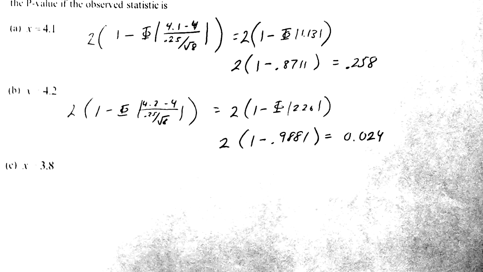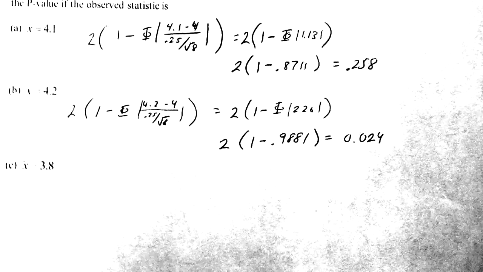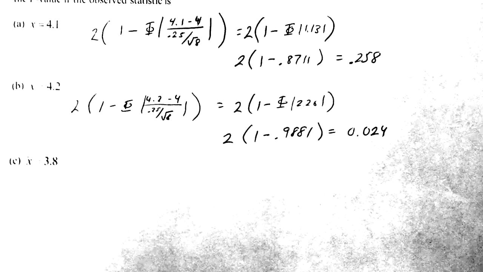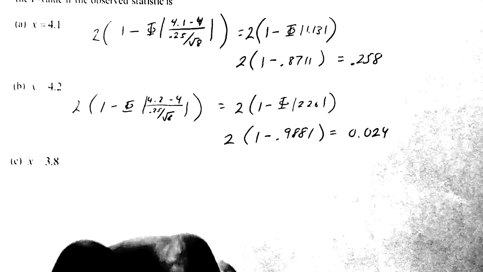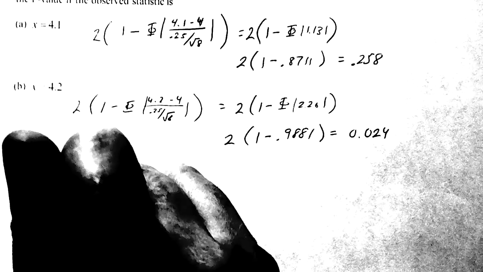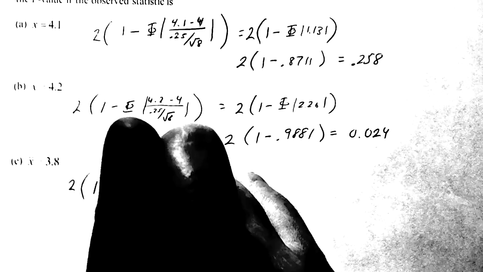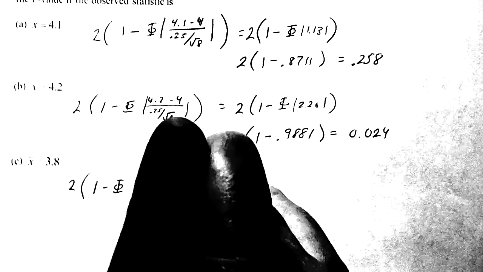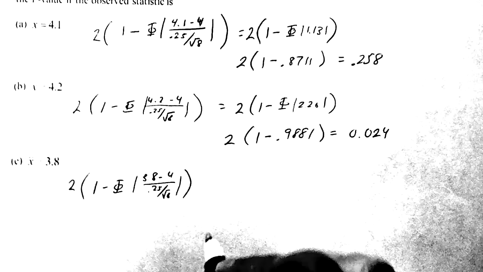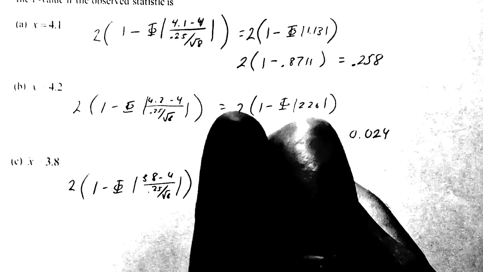And then going the other way, 3.8. Here we're actually going to look symmetrically, which means we're going to get the same answer because we have 2 times 1 minus the z-statistic for 3.8 minus 4 over 0.25 over the square root of 8. So our z-statistic is just looking at the other side of the curve.